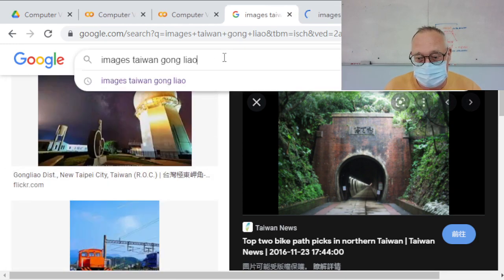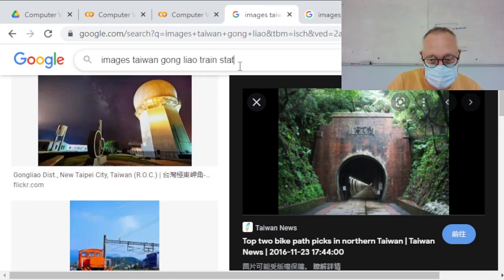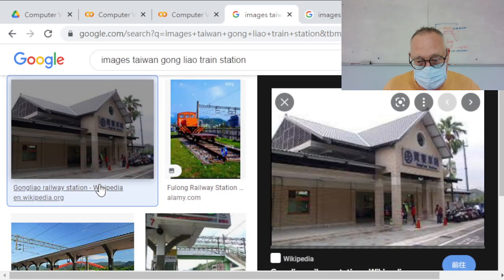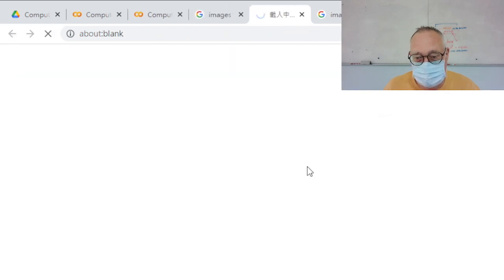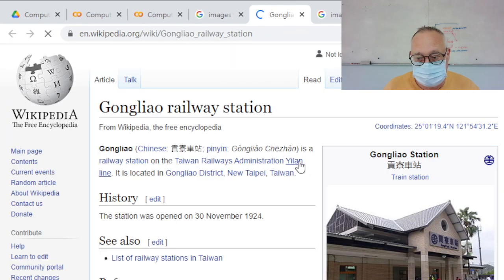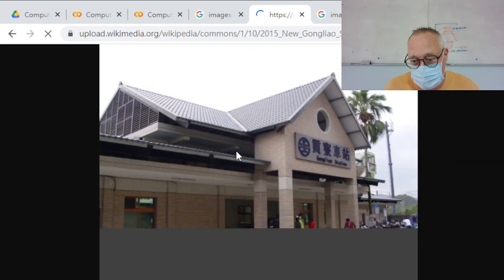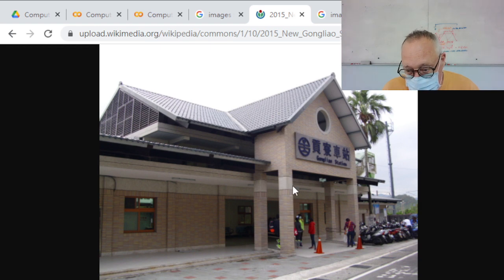Train station. I wanted to get a picture of the train station. The first one is Gongliao station. Right? Yes. So we'll take this one. Oh, they even have a wiki article. Okay. And which one is copy picture?